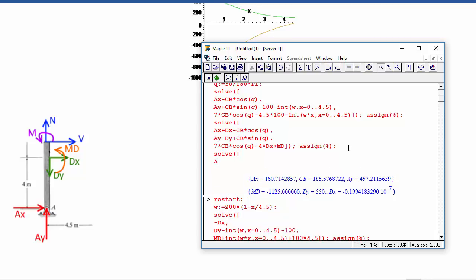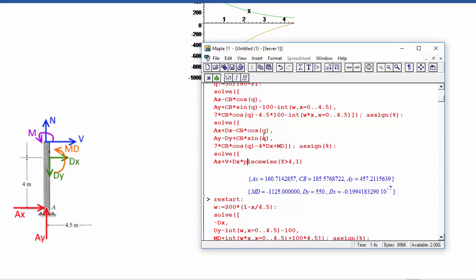Again, starting out with solve, ax plus v plus. Now, we only want dx to be added if we are at a y value, let's say, which is larger than 4. So a couple ways you could do this. You could say plus dx times piecewise y is greater than 4 and then a 1, otherwise 0.